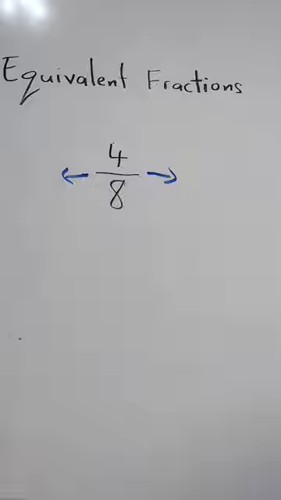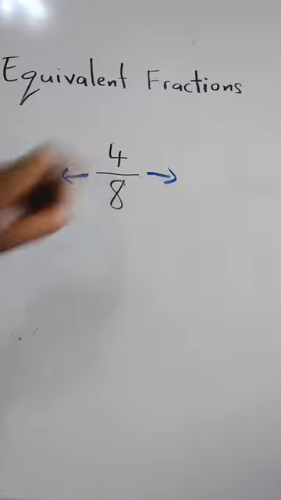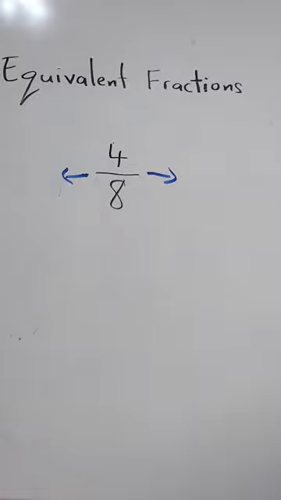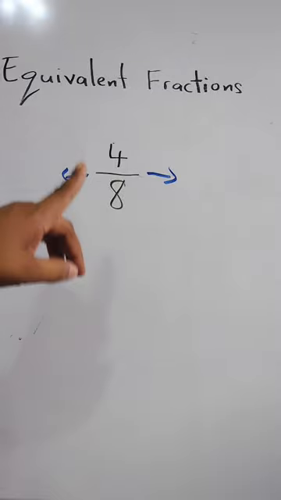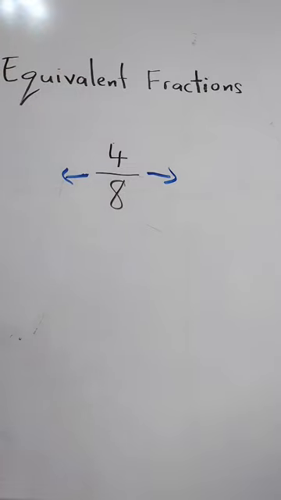So fractions are representing a part of a whole. Right now, I have the fraction 4/8. That literally means that there's a whole that is divided into 8 equal parts, and I had 4 of them. Now, if I want to write some fractions that are equivalent to this, it means that they must hold the same value as this.